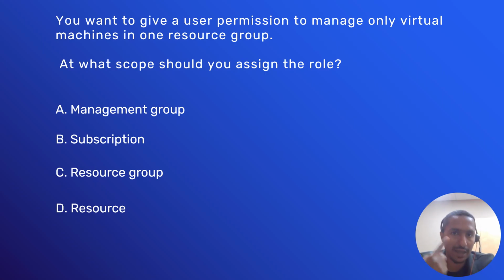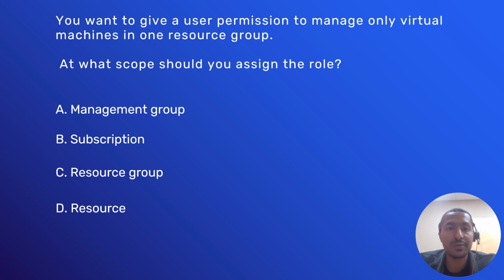We are limiting access to only VMs. Also, we are keeping it inside a single resource group. So the question is really asking, what is the narrowest scope we can use to meet this exact requirement without over-assigning permissions? Remember the least privilege principle we talked about? Here we encounter it again.